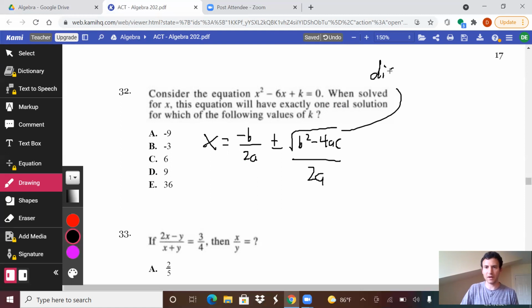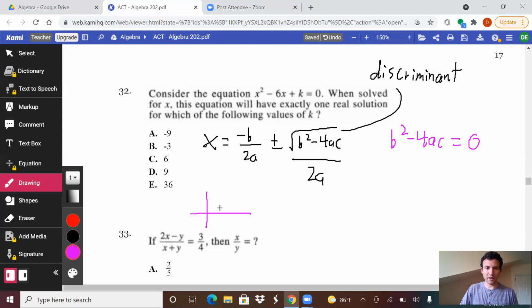What does the discriminant tell us? It tells us how many solutions we have for x, how many x-intercepts we have, how many times we cross the x-axis. So if b squared minus 4ac equals 0, that means that our parabola only has one solution.